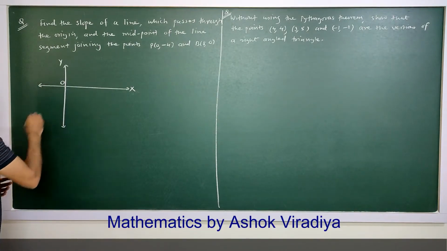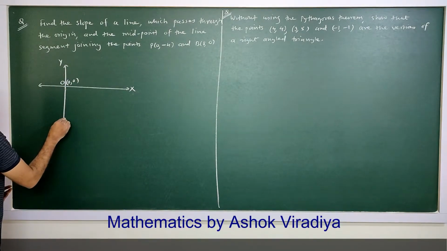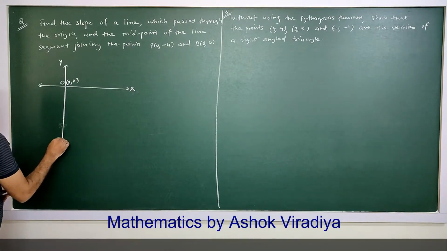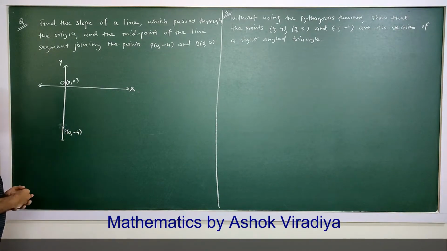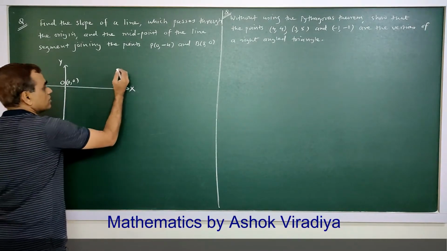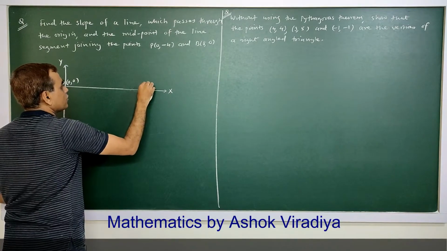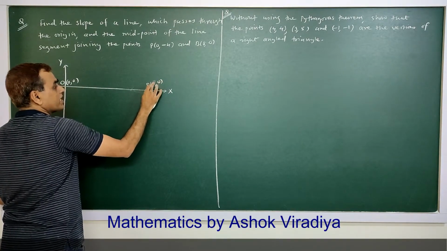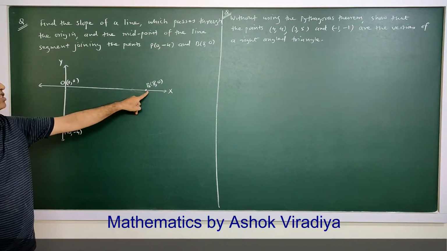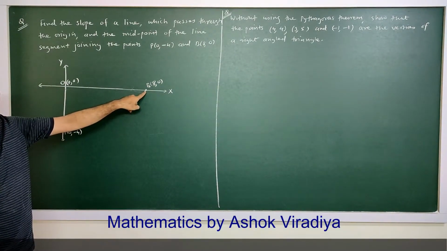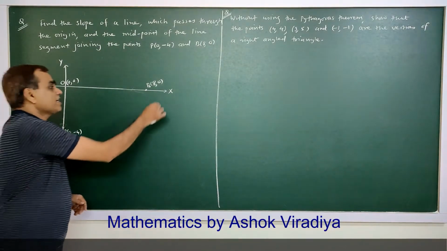This is the origin, with coordinates 0, 0. P is 0, -4, somewhere here. B is 8, 0, somewhere here. This is a logical diagram; we are not putting points by measurement. B is on the positive x-axis, and P is on the negative y-axis, so the diagram should be logically true.